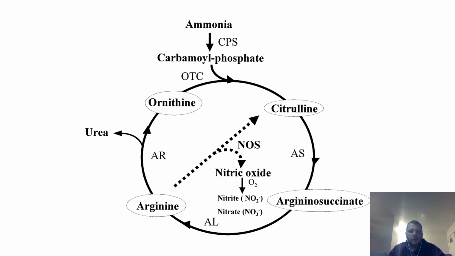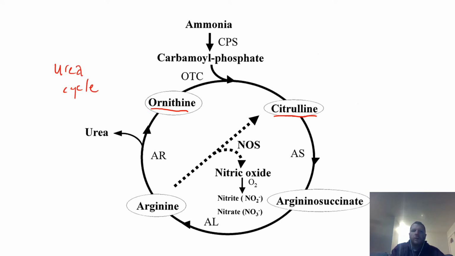Now, the last amino acid that we're going to talk about with respect to synthesizing something is this pathway right here. First and foremost, some of the things I want you to recall: ornithine going to citrulline with the help of carbamoyl phosphate. This is our urea cycle.